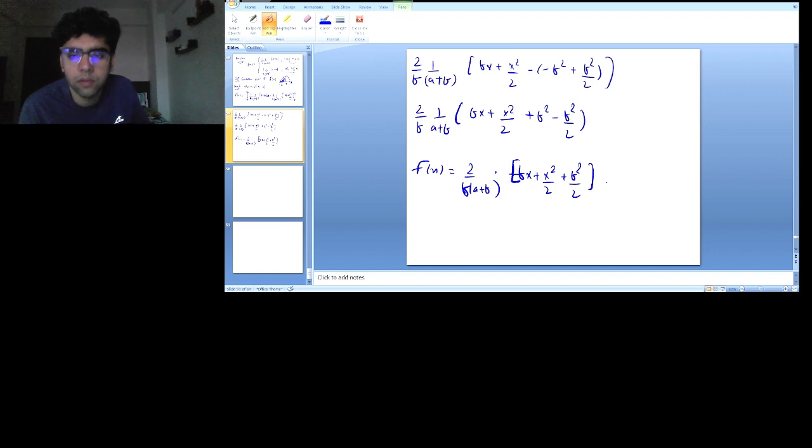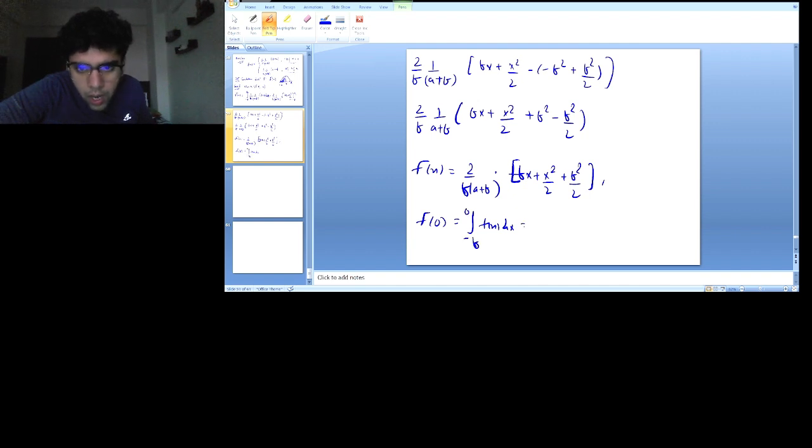So yeah, this is my CDF when x lies from minus b to x. If I want to find the CDF of 0, F(0), this will be F(x) from minus b to 0, and I have already found the expression, so I'll just substitute 0 in place of x.